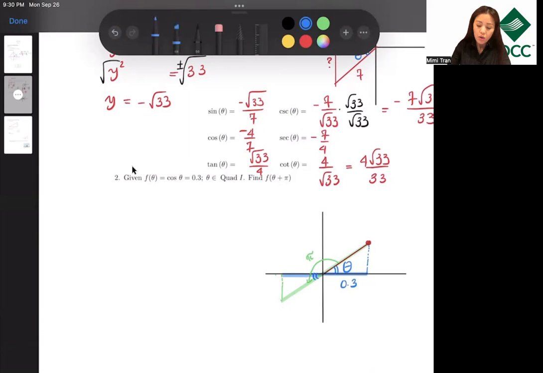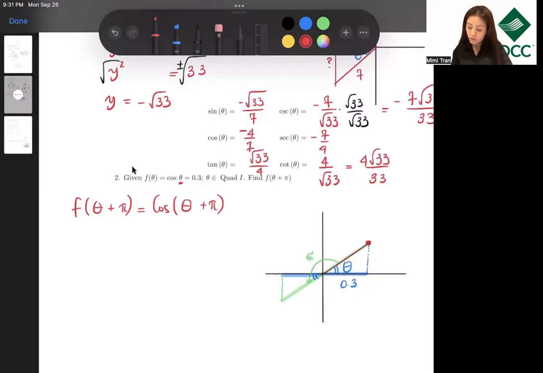So when I draw my cosine theta plus, we know f of theta is 0.3, but we want f of theta plus pi. So that means we want to plug into the function. Now substitute theta with theta plus pi, right? That means from theta you go another 180 degrees.